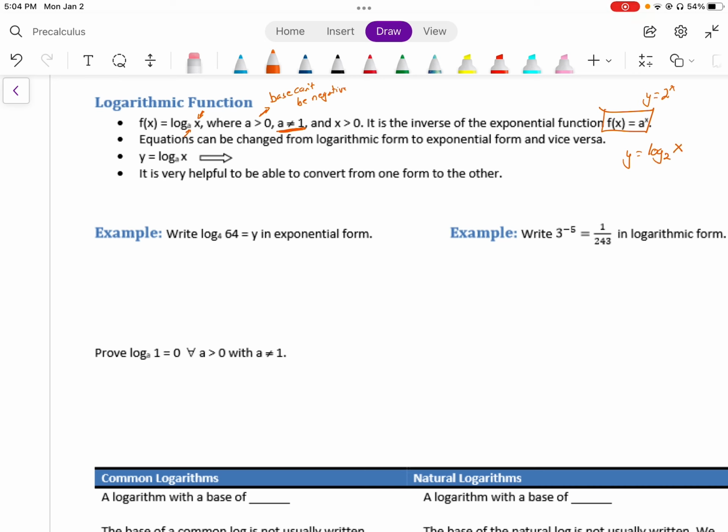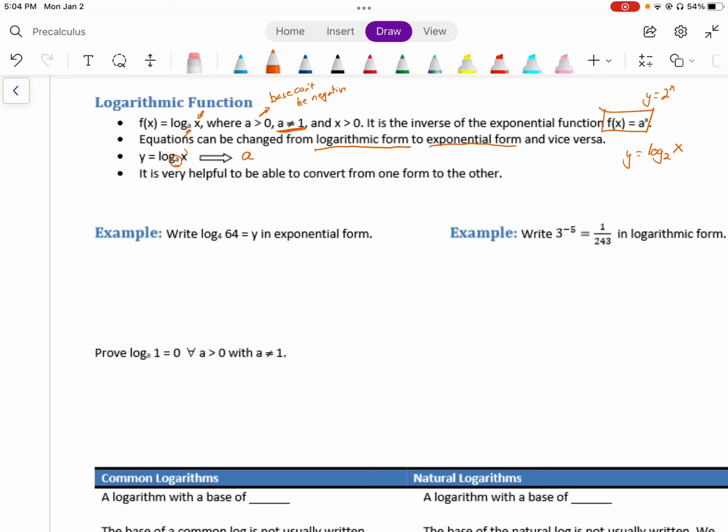Equations can be changed from logarithmic form to exponential form and vice versa. And here's how we do that. Here's a logarithmic function, our third bullet point here. It says y equals log base a of x. We can switch forms and we can switch to exponential form. And what we can think is the base of our logarithm is the base of our exponent.